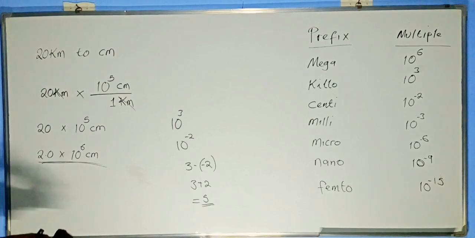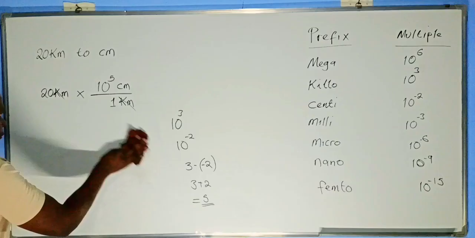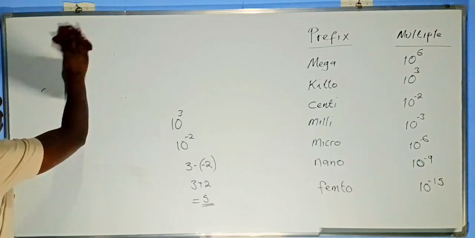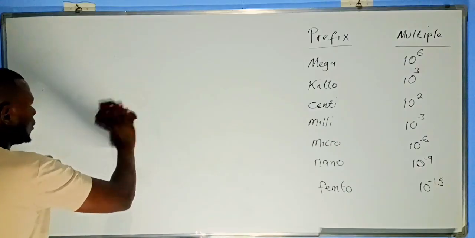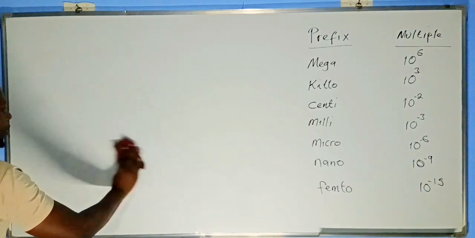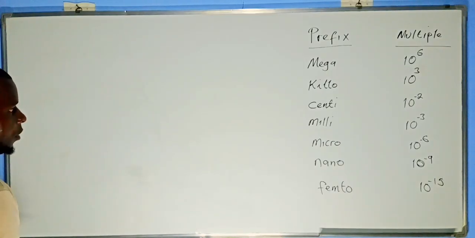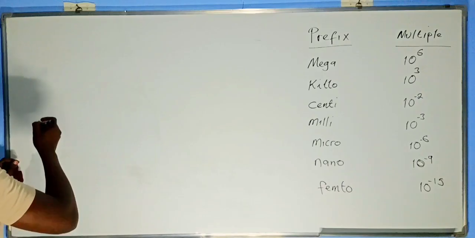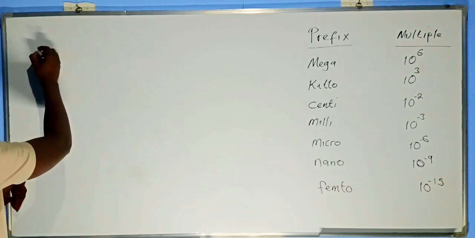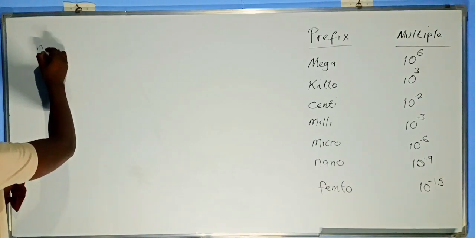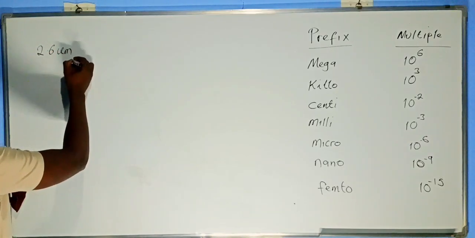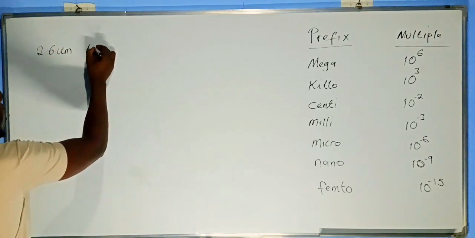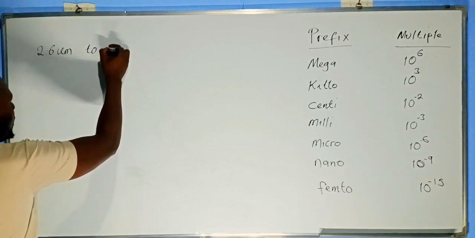Let's have another example. All right, in this case, let's say we have 2.6 micrometers that we need to convert to millimeters.